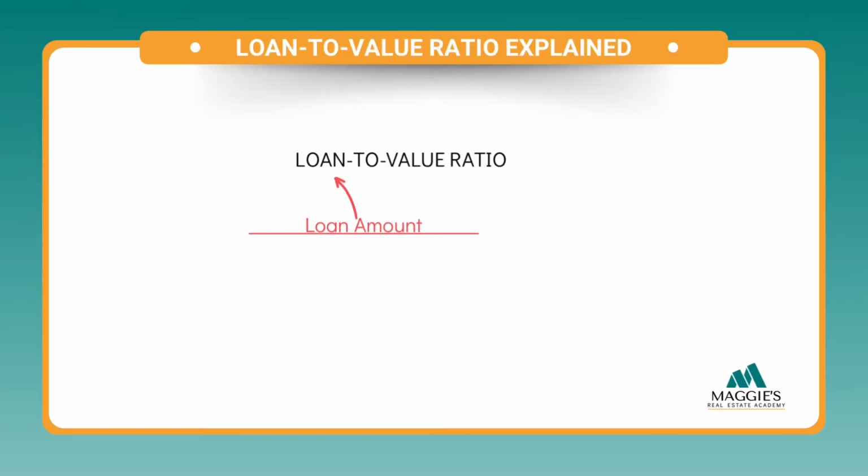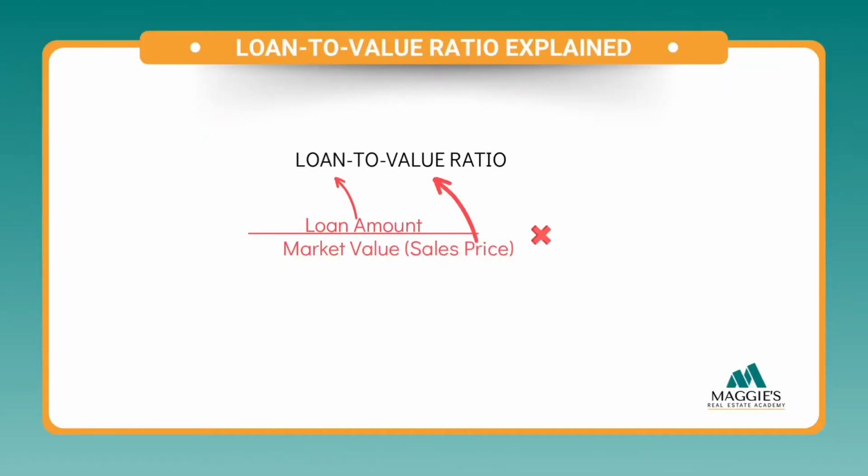Since ratios can be expressed as fractions, think of it as the loan divided by the market value or sales price of the property. But remember, doing this on a calculator, you will get your answer in a decimal once you divide. And we need a percent.